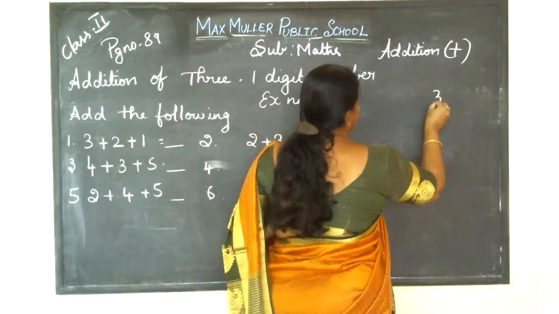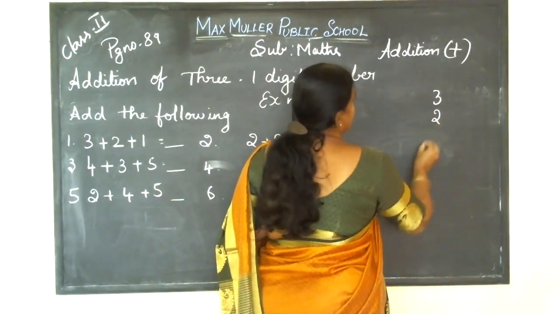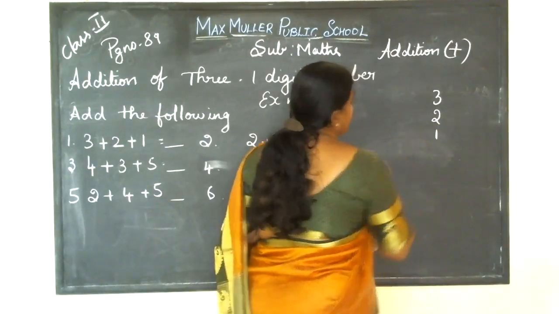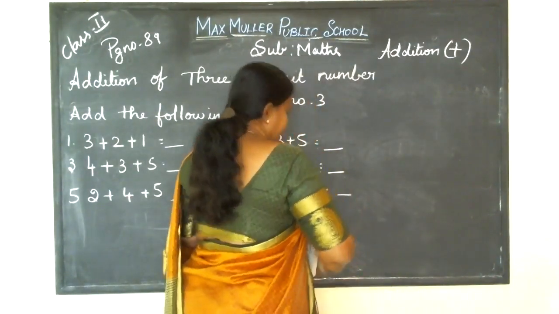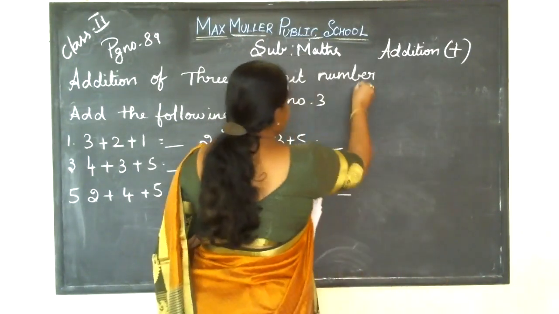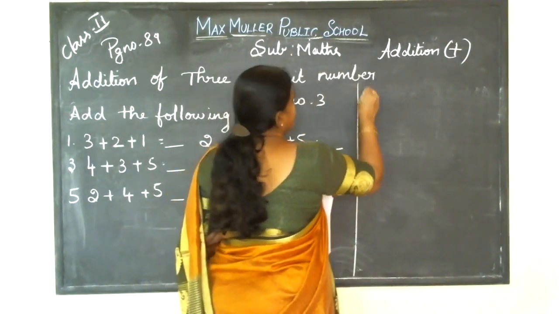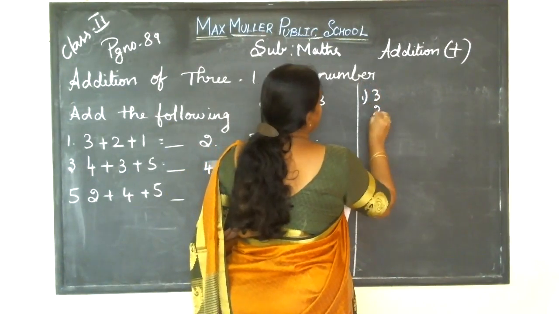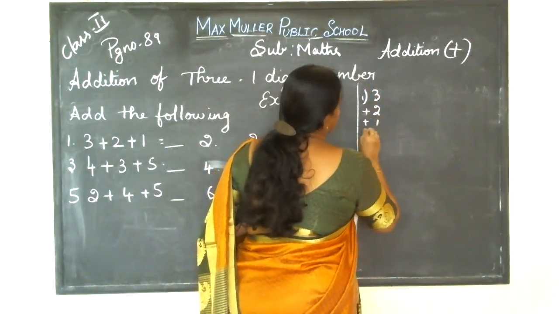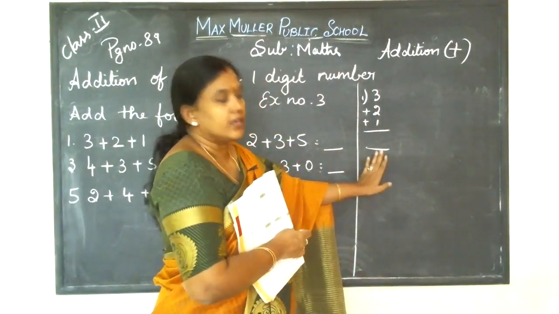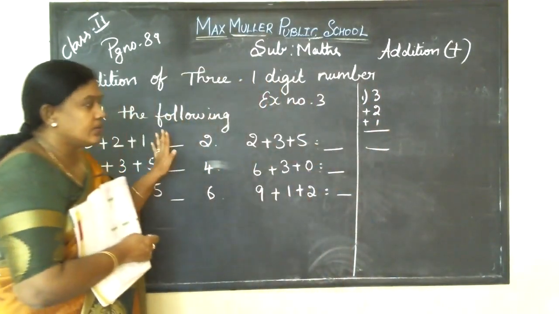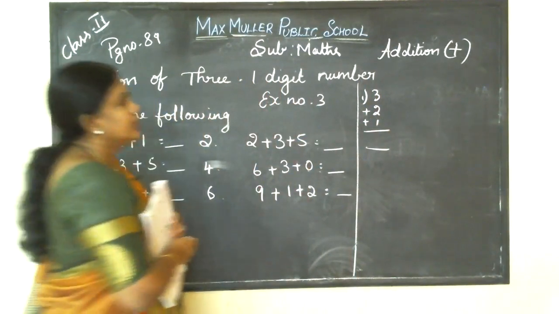See this, 3 numbers: 3, 2, 1. You arrange like this. First one, 3, 2 plus 1. This one you write in the rough note. This one you write in the textbook.